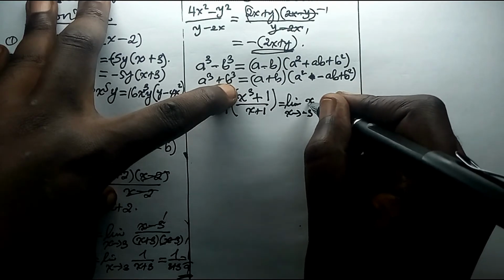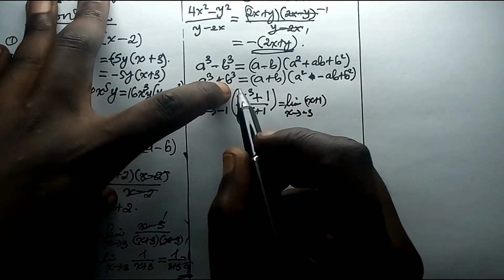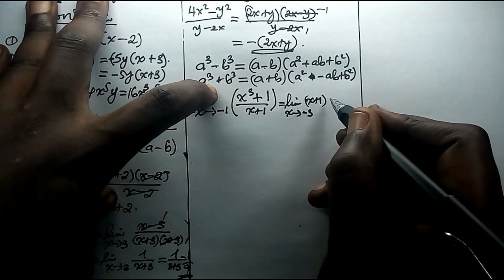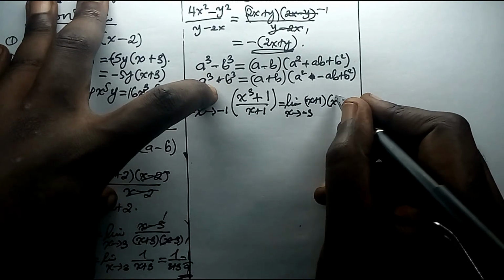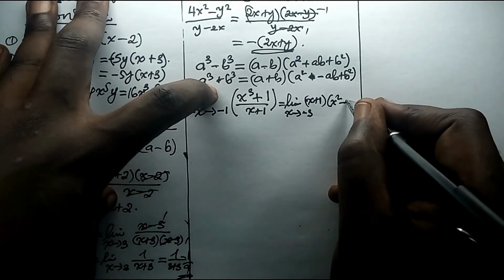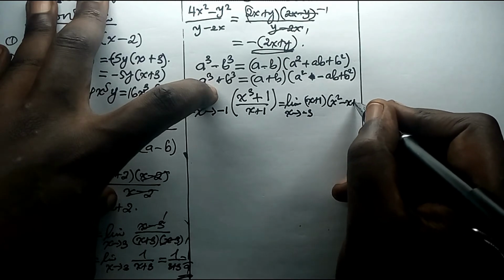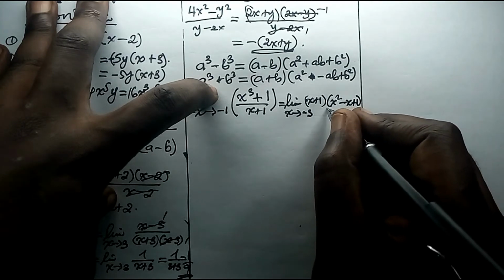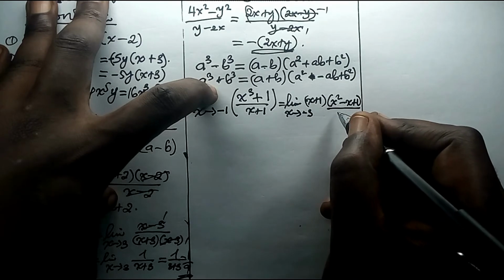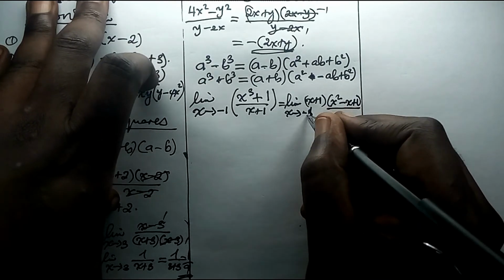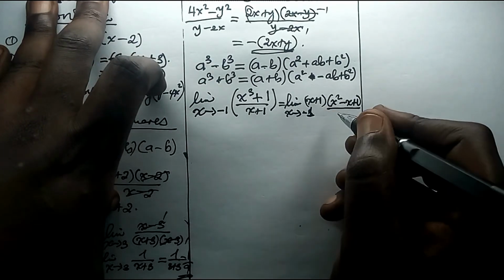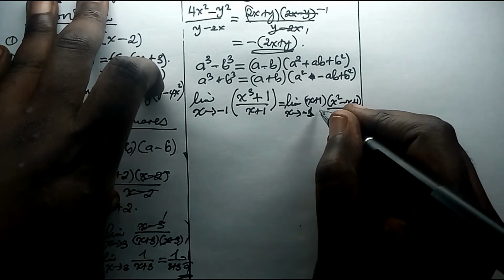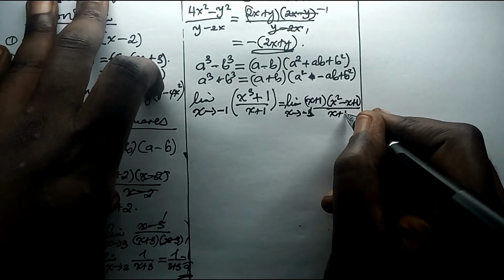So I write x plus 1 according to the second formula here into x squared minus 1 times x, which is simply x plus 1 squared, which is 1, all over x plus 1, as x tends to negative 1.